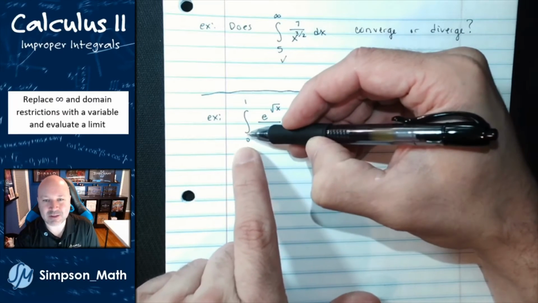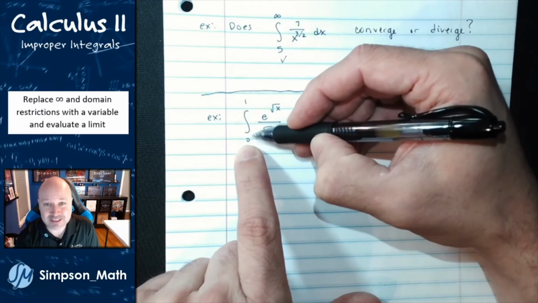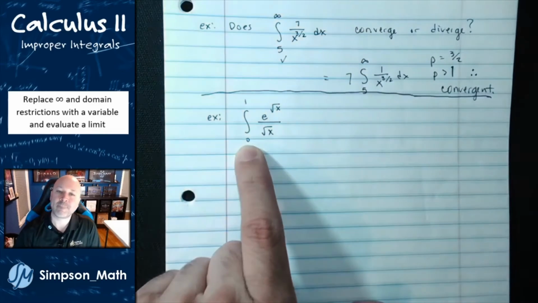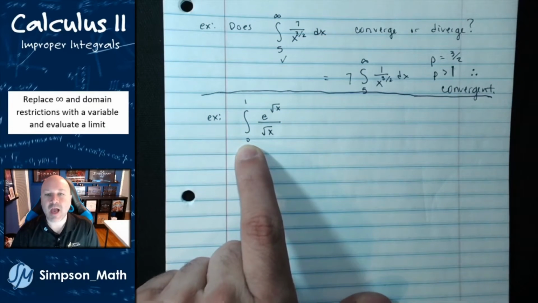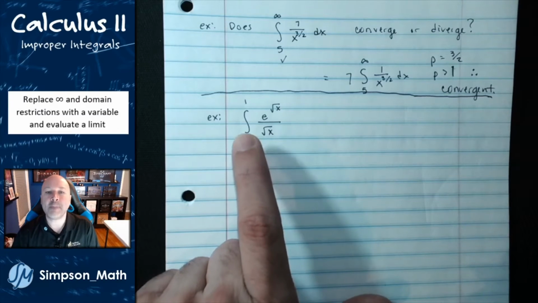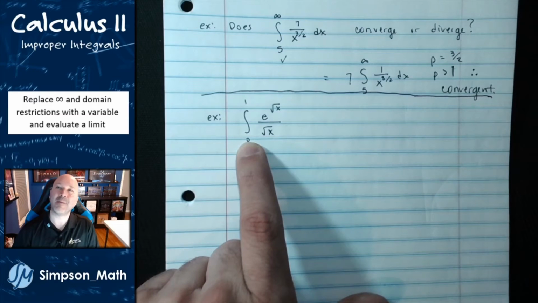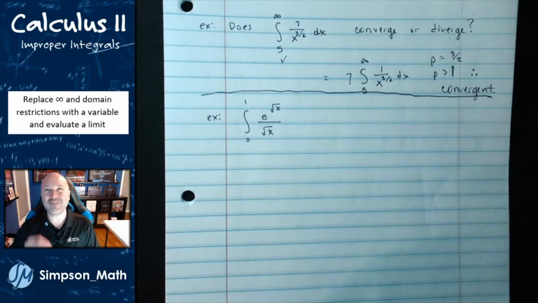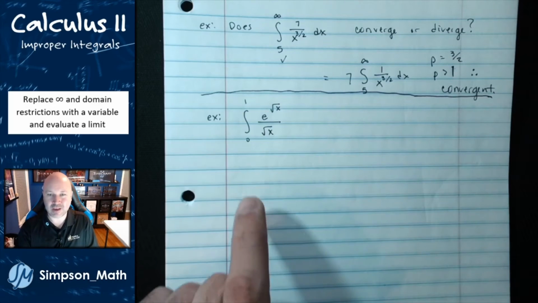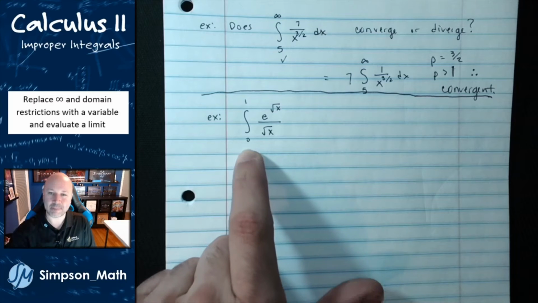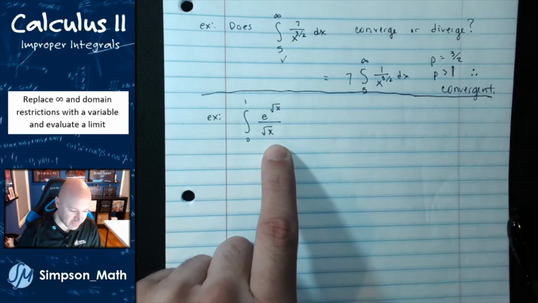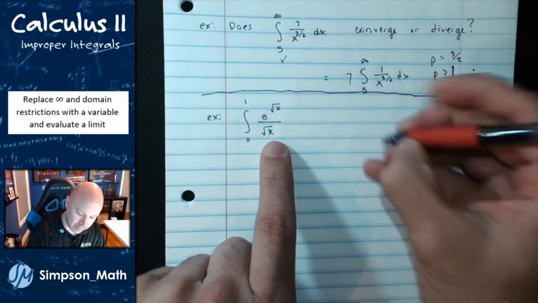I cannot be dividing by 0 and then trying to evaluate this thing from 0 to 1. I'm going to have to use that variable trick again, and evaluate the limit as x approaches 0, and in this case I've got to be approaching it from the right. So right off the bat, we've got some domain problems.